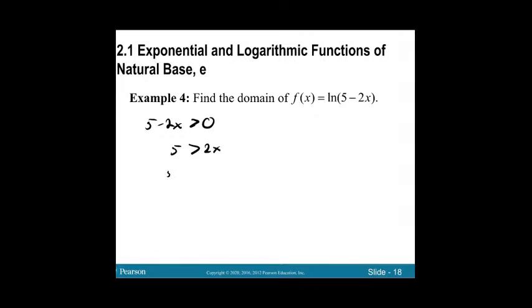In this case, x has to be strictly less than 5 halves. So in interval notation, x is going to go from negative infinity up until 5 halves. Infinity always gets parentheses, and 5 halves in this case gets parentheses because we don't actually include 5 halves. So for this example, x is defined as long as x is strictly less than 5 halves.